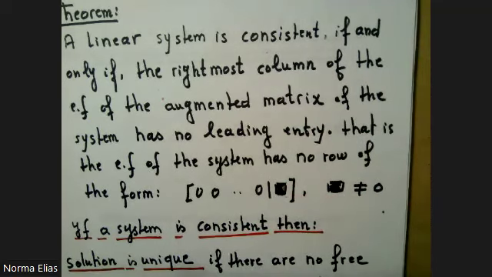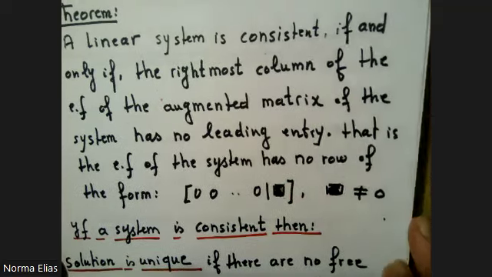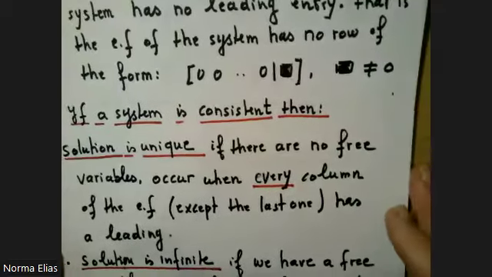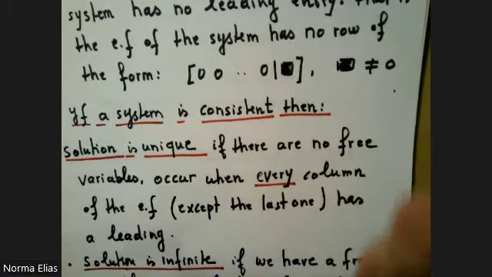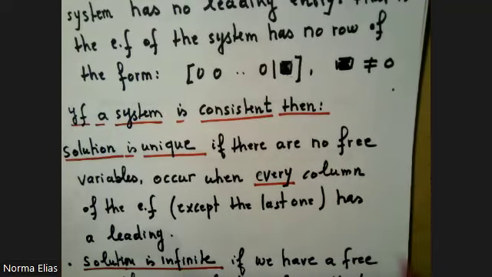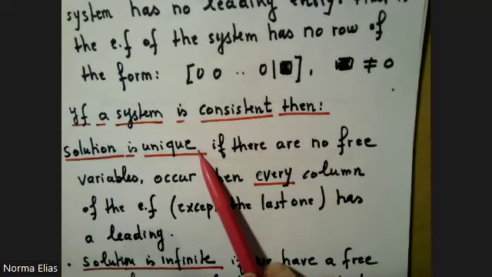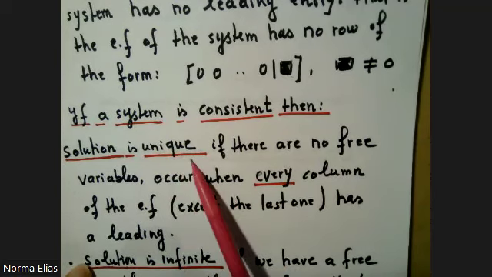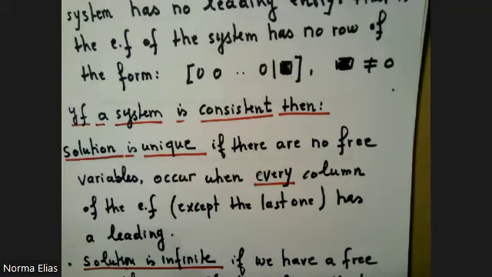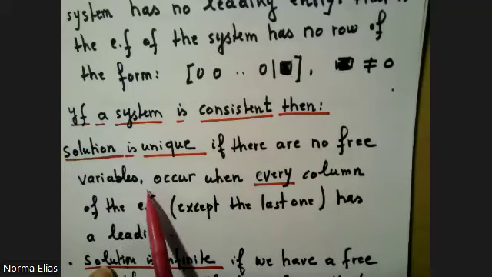Make sense? Please ask as many questions as you want. Now, if a system is consistent, it means the rightmost column doesn't have a leading entry. Then we have either uniqueness or infinitely many solutions. The solution is unique if there are no free variables.